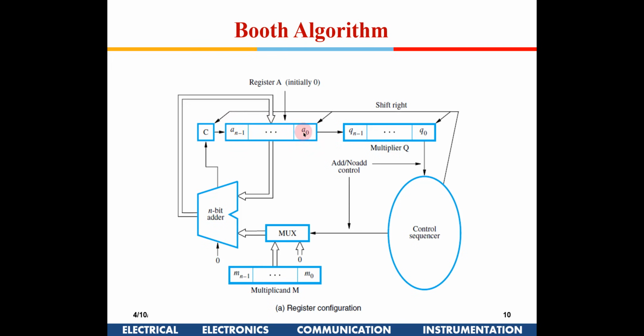The two numbers which need to be multiplied, one is put here as q0 to qn minus 1, and the other one is put here as m0 to mn minus 1.